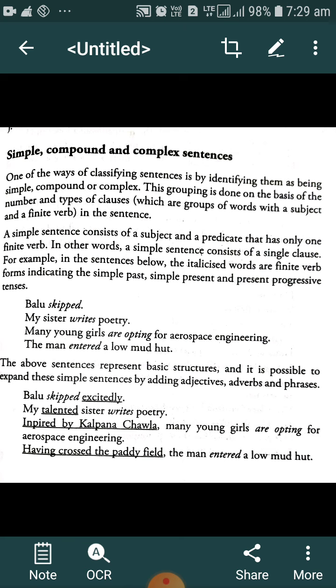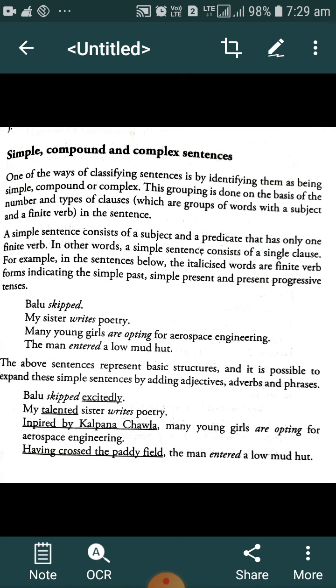We can change it, keeping in mind the tense of that particular sentence. We can change that finite verb into simple past, present progressive, past progressive, future, whatever tense we have to decide. But as far as a non-finite verb is concerned, it is not affected by the number or tense of the sentence or the number of the subject.